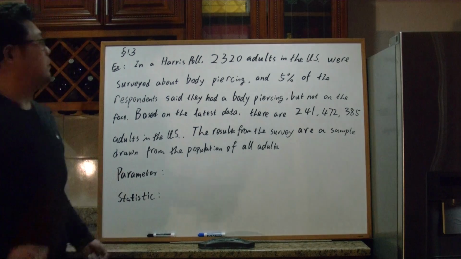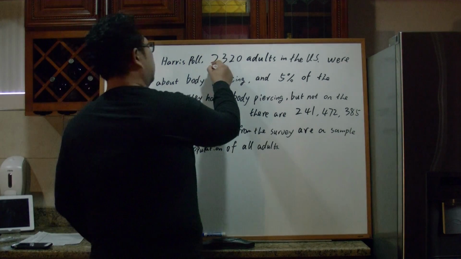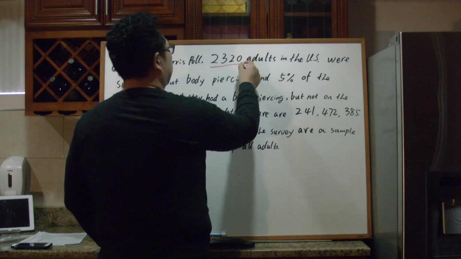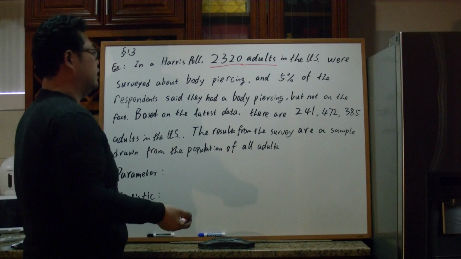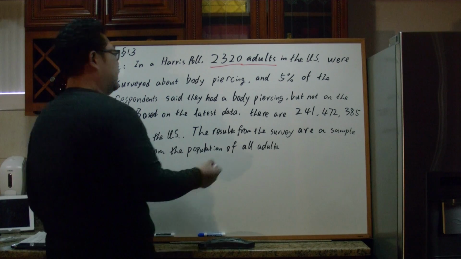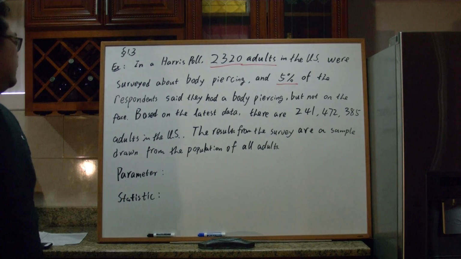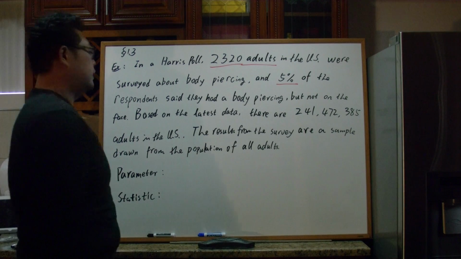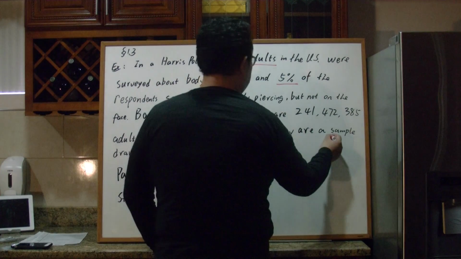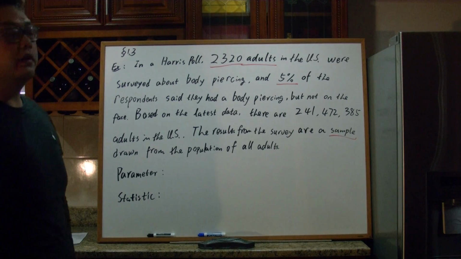In our question, something was clear: 2,320 adults in the United States were surveyed about body piercing, and 5% of them said that they had a body piercing but not on the face. And the result is a sample collected from the population of all adults.